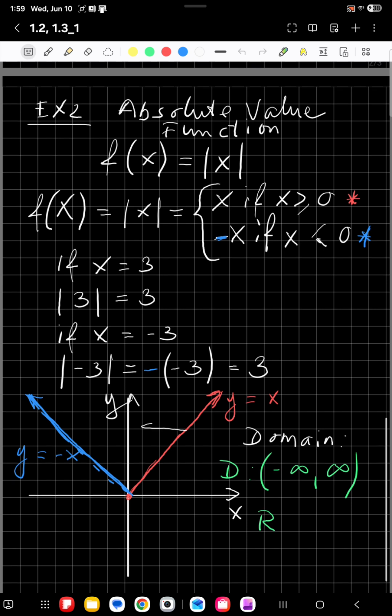Sorry about that. So you see that this part of the y-axis would be covered with our graph. So the range would be from 0, including 0, to positive infinity.